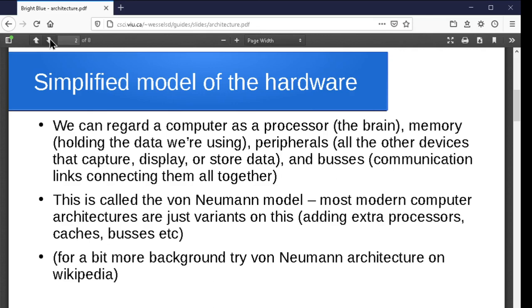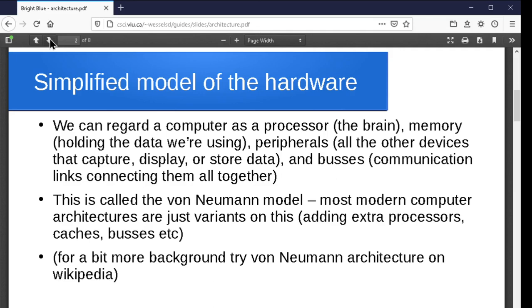Usually when we're thinking about whatever device it happens to be, whether it's a laptop or a phone or whatever it might be, we typically think of it in terms of a processor, so the brains of the operation, the memory that's holding the data that we're actually using as it's running, a bunch of other devices connected to it, whether it's the screen or mice or keyboards or whatever, everything that can capture data, display data, or store data pretty much.